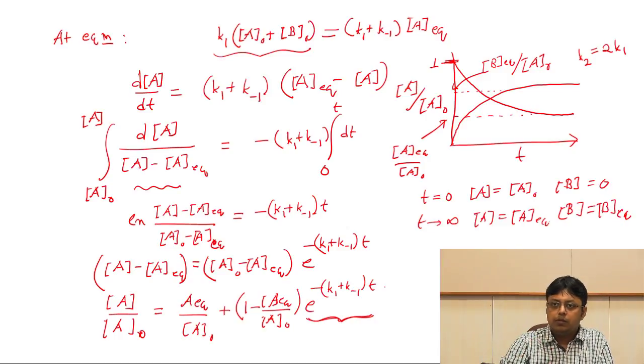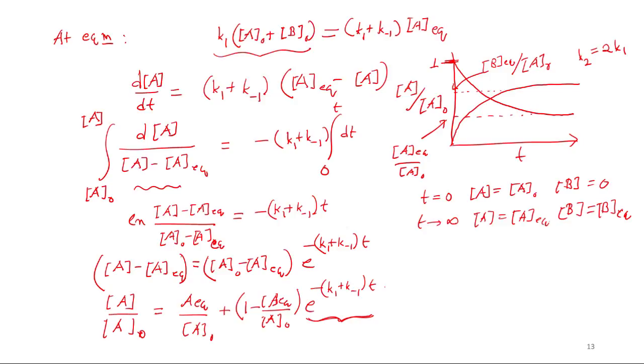We are plotting A by A0, everything divided by A0, but that doesn't matter because the ratio will still be the same, as A0 is just a constant. So if it is 2 to 1, then this value will be about 0.33.